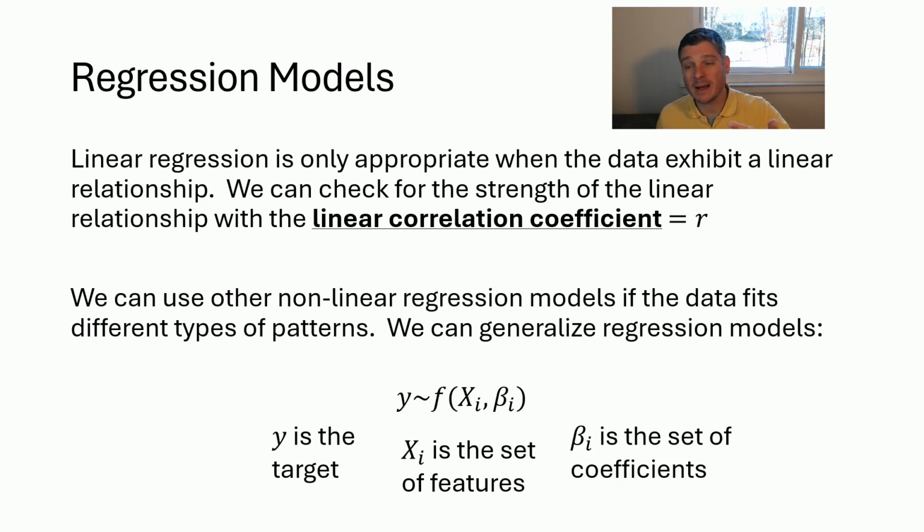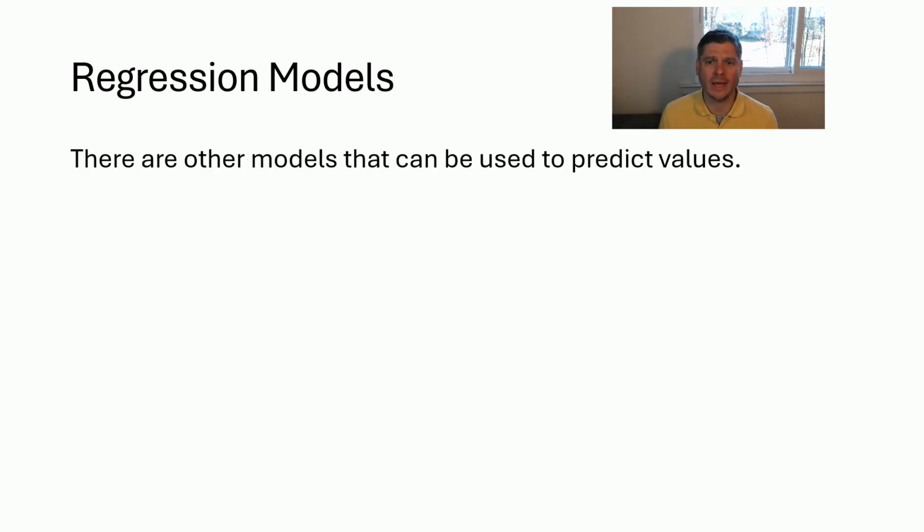And then b sub i would be our set of coefficients, or the variables that we're trying to find here. That is the part of our model that is actually being built. That is what we are determining. And then that will tell us how we make our function that we can then plug in and make predictions with later.